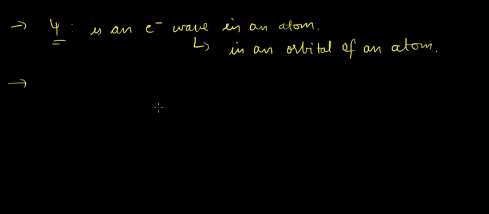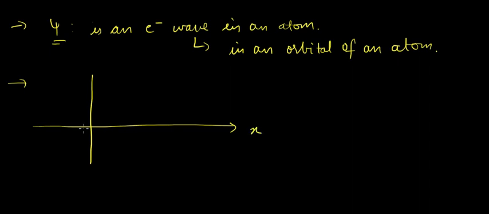Let's see this. I hope you remember that we discussed polar coordinates and Cartesian coordinates in the previous lecture, so we'll be just using them. Let's say this is the x-axis, z-axis and y-axis, and we have an electron somewhere here. The electron's position can be termed as x, y and z, by projecting the electron onto the x, y and z axes.